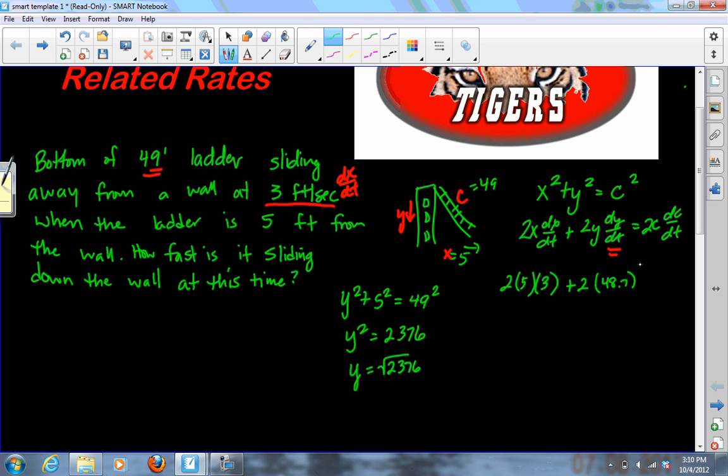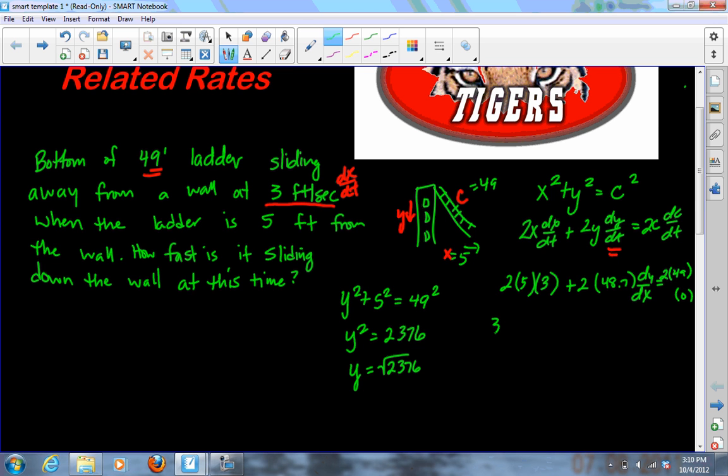I just did it in a calculator. dy/dt is what I'm finding. 2 times c is 49, and dc/dt, the rate at which this distance is changing, this distance is not changing. So the rate at which this distance is changing is 0. So sometimes it's very important to know that one of your rates may not be changing. See, the rate that this ladder shrinks or grows, this ladder is not shrinking, it's staying 49 feet. So dc/dt is 0. It kind of helps us in this problem.